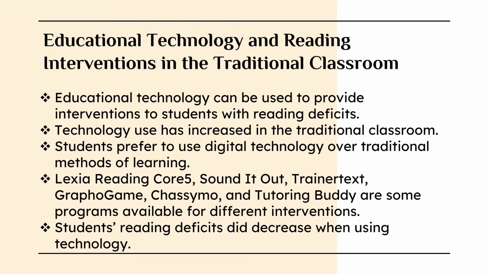In studies that have been completed, it has been shown that when students are using technology, their reading deficits did decrease. According to Adequan, we have learned that 65% of fourth grade students were below the proficient level in 2017.